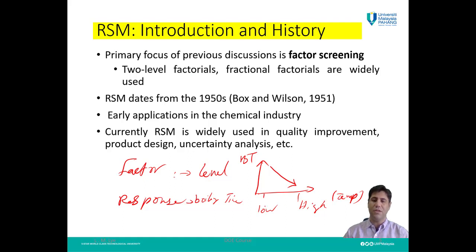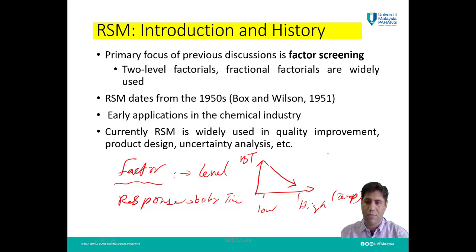But for simple models, it works when the number of factors is not too many, and also if the number of levels of the factors is not too many. For example, if we have only low and high, it is okay.